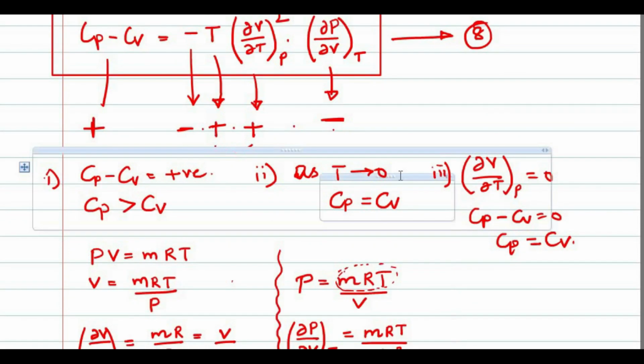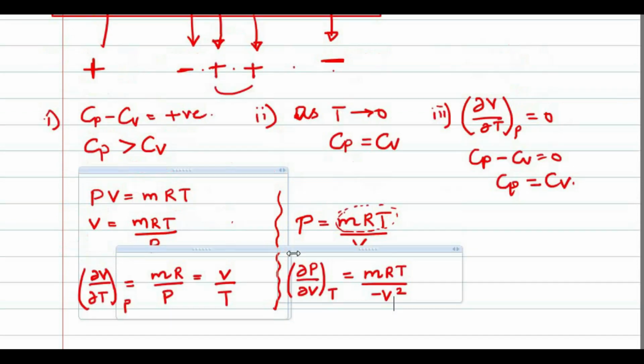Now I have to substitute the results in equation 8.